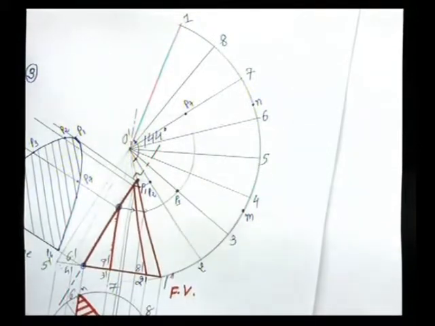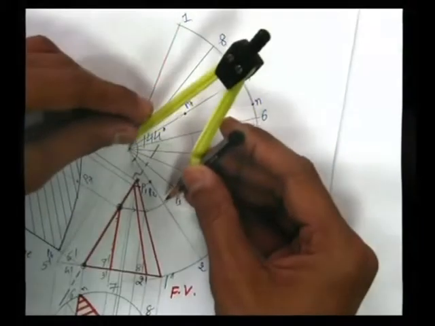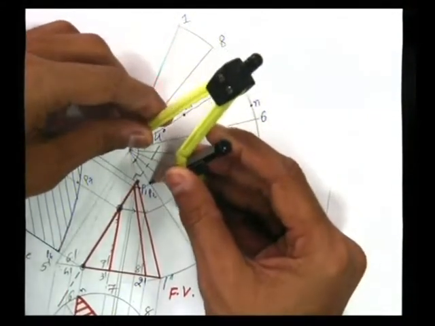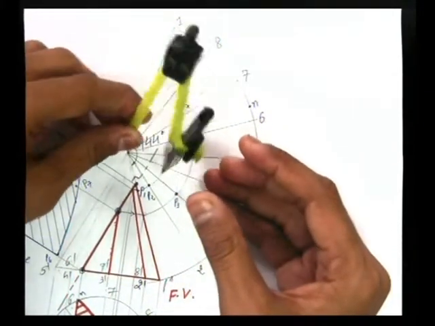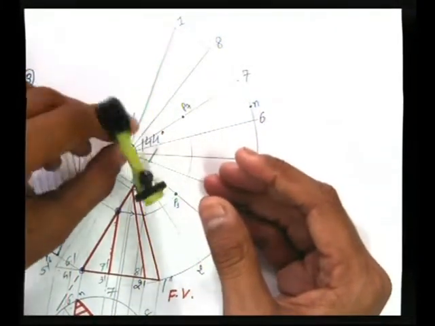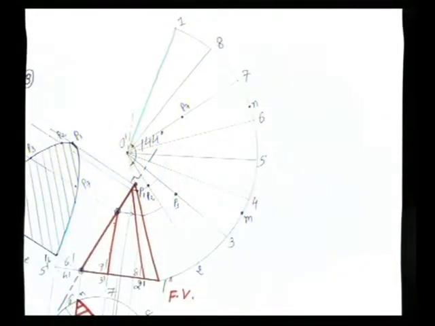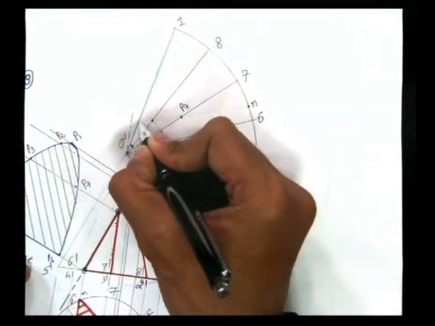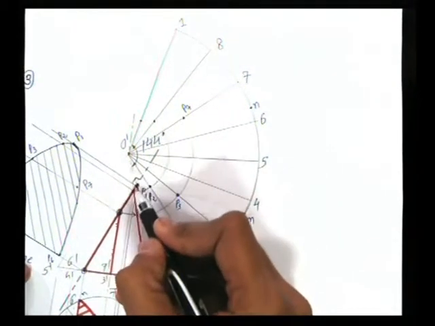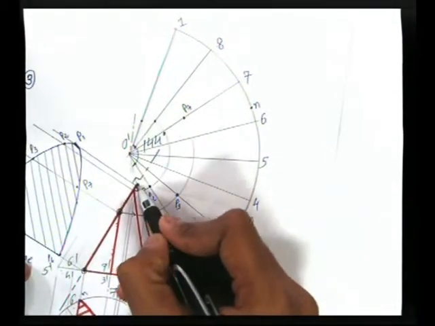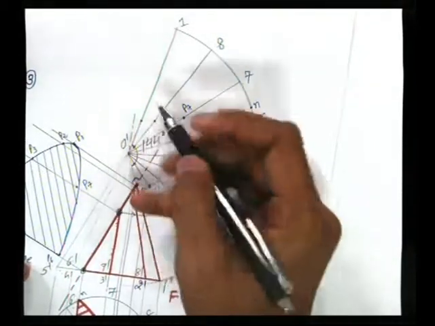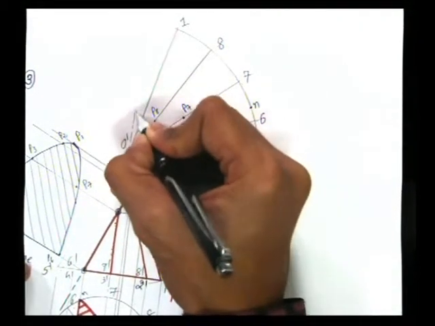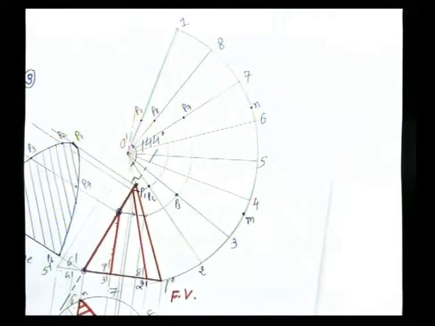Similarly, extension of this arc of P2, this arc extends up to 8, because here it is on the O'8' generator, and here 1, similar to the first one. Transfer this point by arc up to here. This is point P8, and this is point number P1. So these are the points.